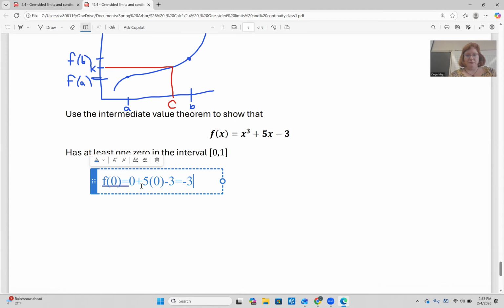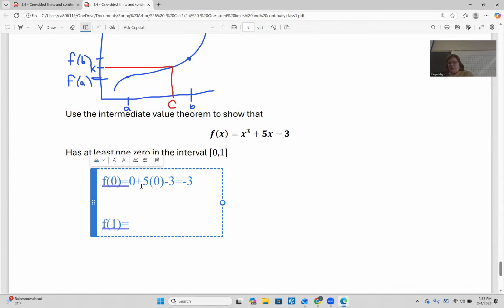Negative 3. And if I plug in 1, I get 1 cubed, which is 1, plus 5 times 1, 5, minus 3. 1 plus 5 minus 3 is positive 3 this time.